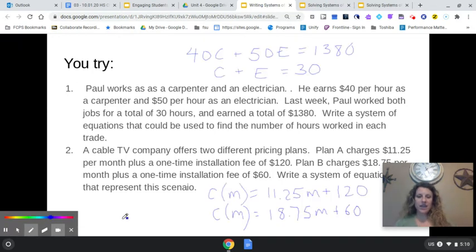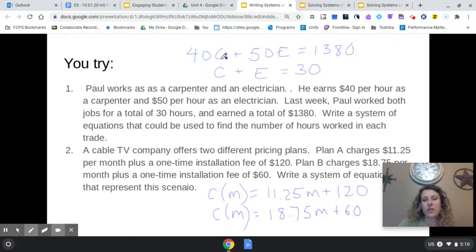Okay, here are the answers to those two scenarios. The first one: $40 charge per hour he works as a carpenter, plus $50 per hour he works as an electrician, is equal to the total amount of money earned, 1,380.